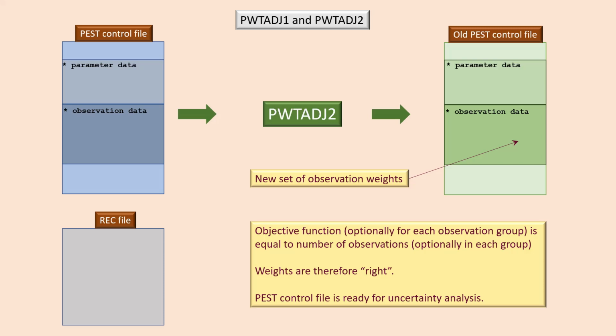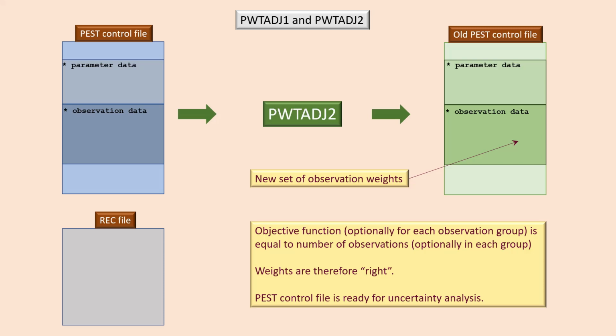This can be done for observations as a whole or for observations on a group by group basis, such that the objective function corresponding to each observation group is equal to the number of observations in the group.